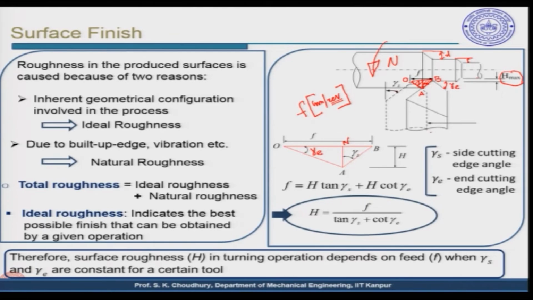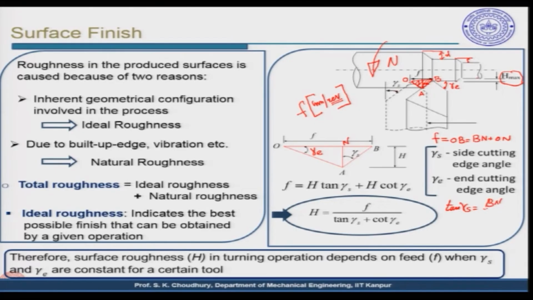From this triangle, we can say that f, the feed, is equal to OB. OB is equal to BN plus ON. Now, let us take tan of gamma s. Tan of gamma s will be equal to BN divided by AN.